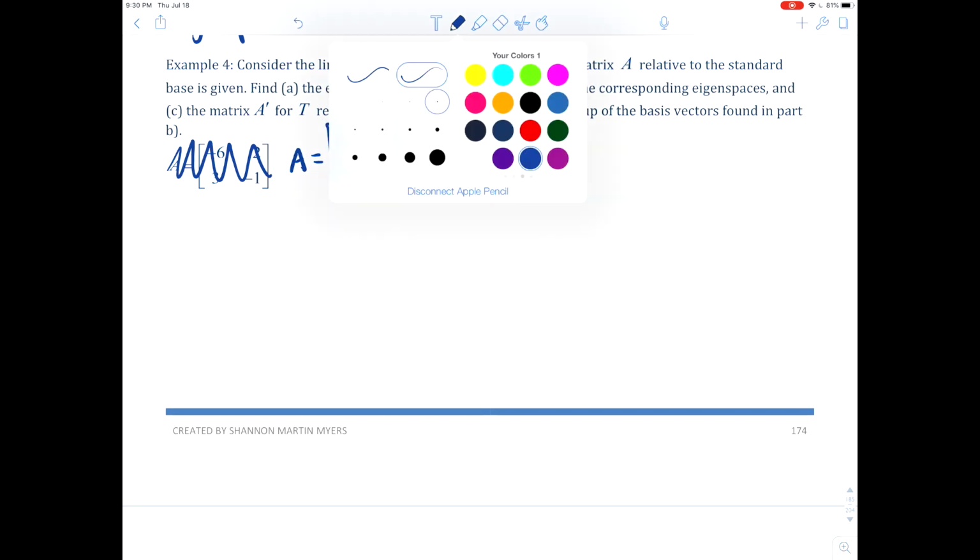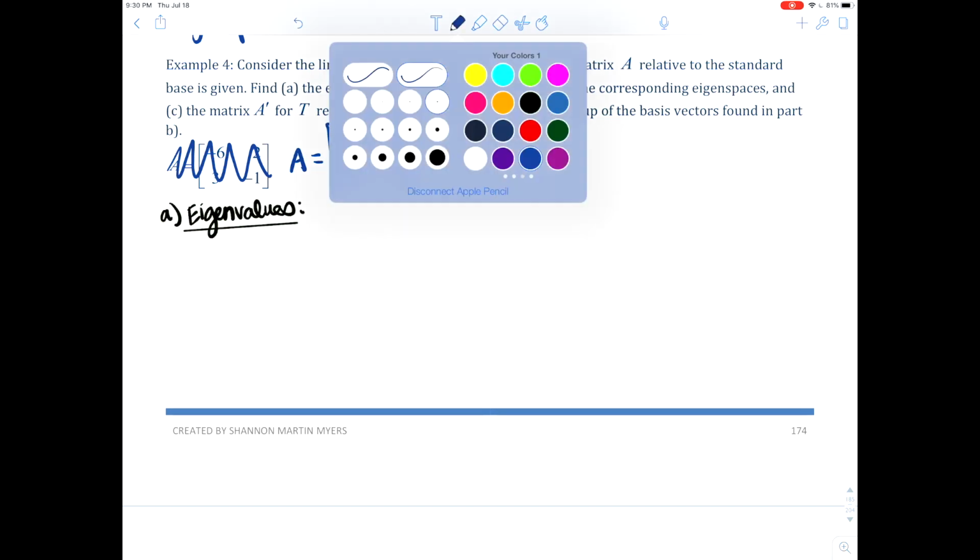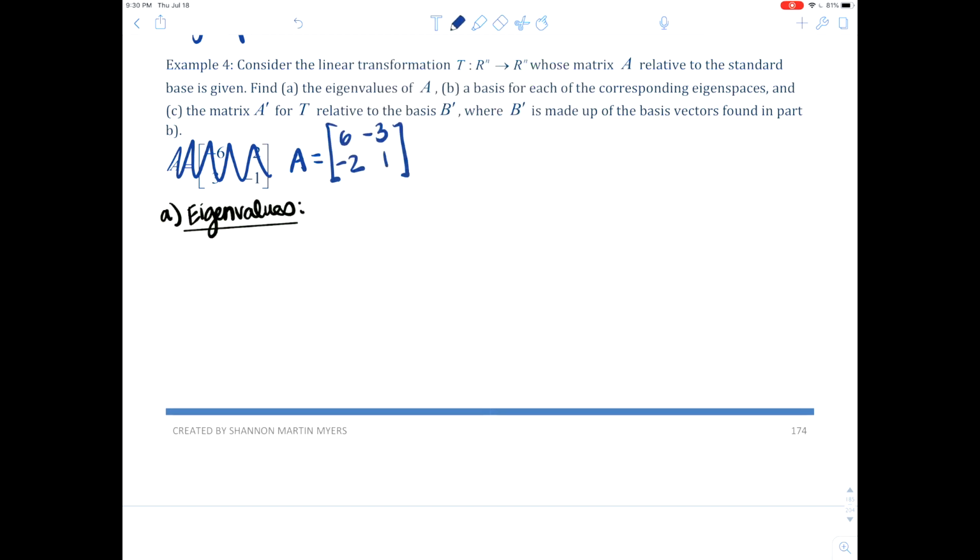All right, so for part A, finding the eigenvalues. Well, what do we do? Beautiful. We need to find lambda I minus A. So that's going to end up being what?